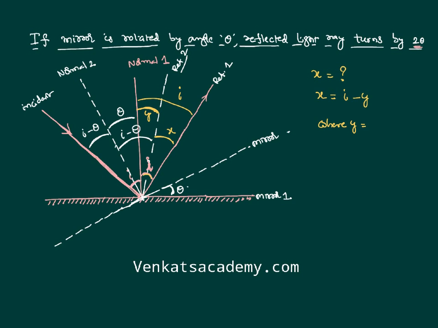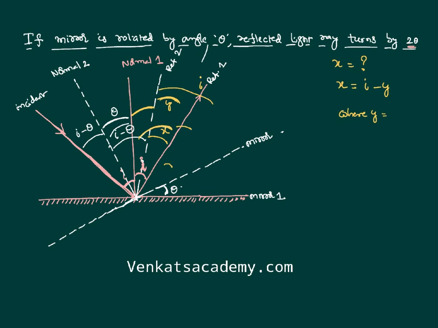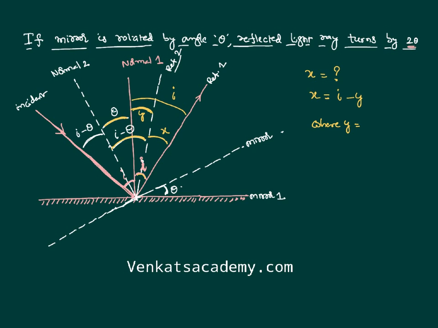This y is equal to this total angle minus this angle. The total angle is I minus theta, minus this angle, which is theta. So the y value is I minus 2 theta.